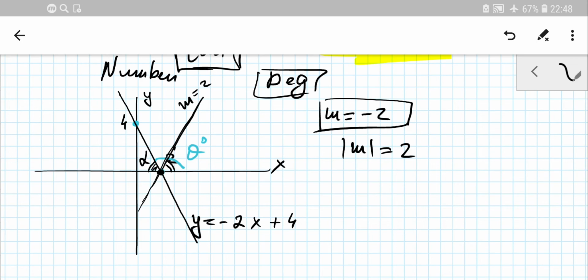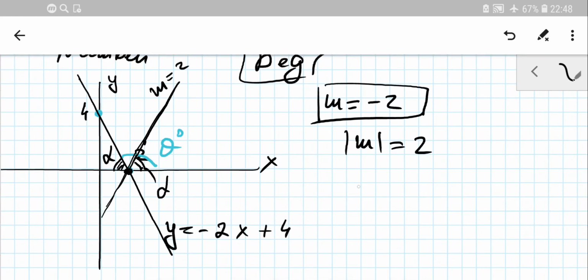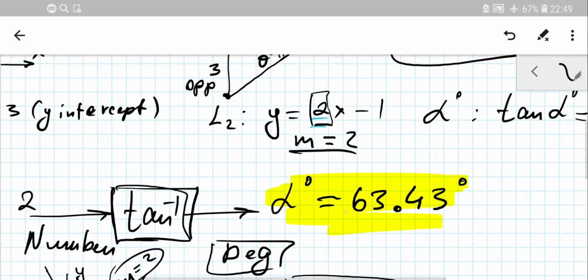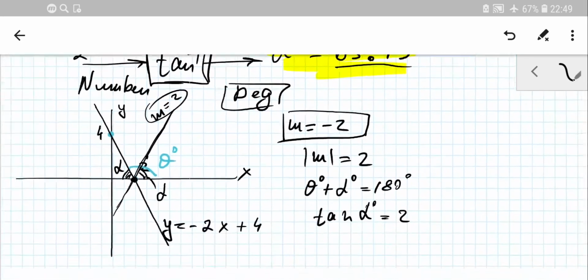By calculating alpha we can figure out angle theta, because theta together with alpha gives us 180 degrees. If we calculate for the positive gradient, tangent of the angle alpha is equal to 2, and we recently found that to be 63.43 degrees.